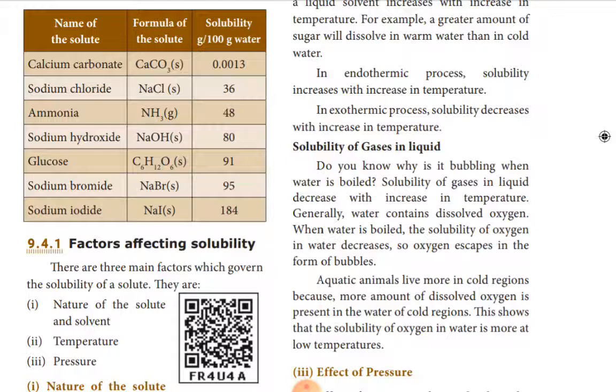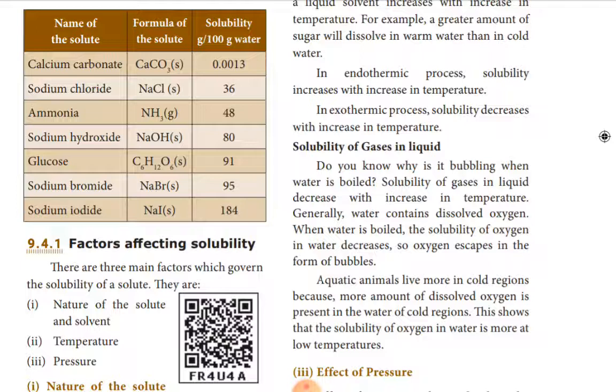At the same time, aquatic animals live more in cold regions, the Antarctic region, the Arctic region. In these regions, the temperature is very, very low. These are all cold regions. So more oxygen is there in the water because the temperature decreases and the dissolution of oxygen increases. Temperature decreases, dissolution of oxygen increases. So in these areas aquatic animals are more numerous because more oxygen is present in the cold water.